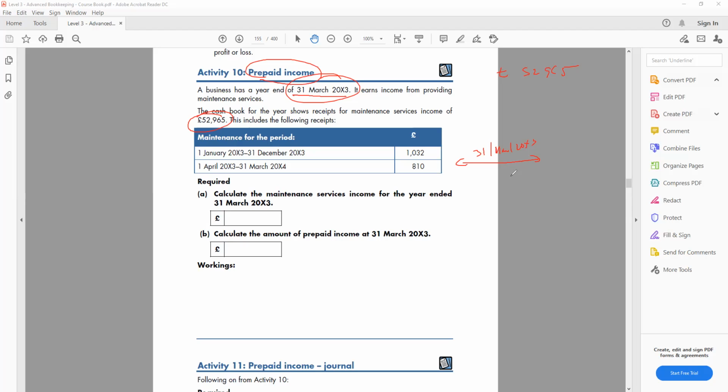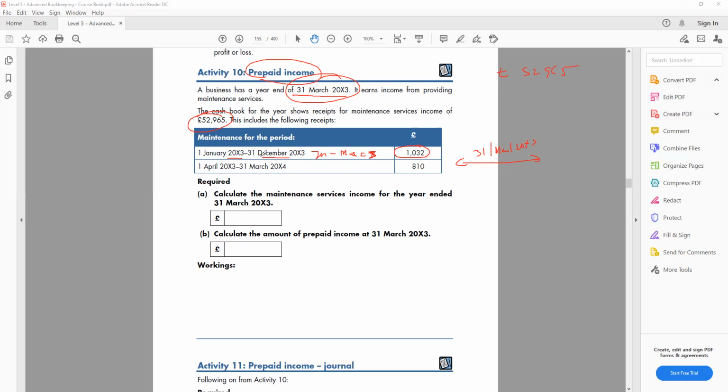So let's have a look at this one. The first one we can see is maintenance service, 1st January 2003 to 31st December 2003, 1032. This money we received, and that is relevant to 1st January 2003 to 31st December, and our year is ending March. So January till March, only 3 months is relevant to this year.